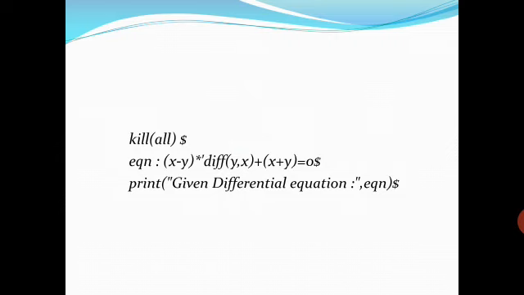This is the given differential equation. Print the given differential equation: print, open the bracket, in double inverted commas we write "given differential equation is", close the double inverted commas, comma, EQN, close the bracket, put the dollar symbol lastly. This prints the given differential equation that is stored in EQN.